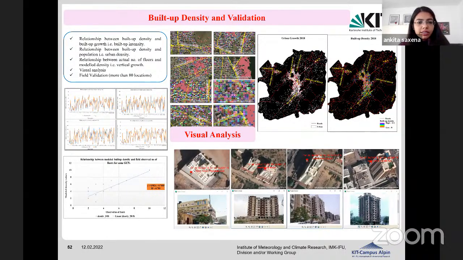And this is visual interpretation: our model was able to capture the higher density against multi-story buildings. So this was verified with visual analysis during our field visit.